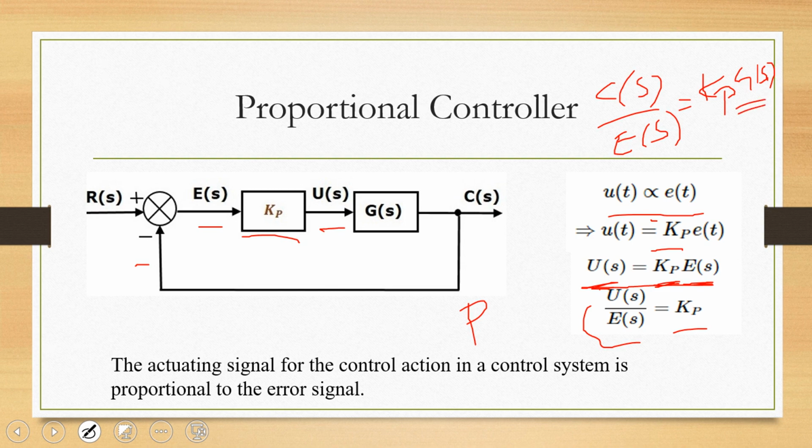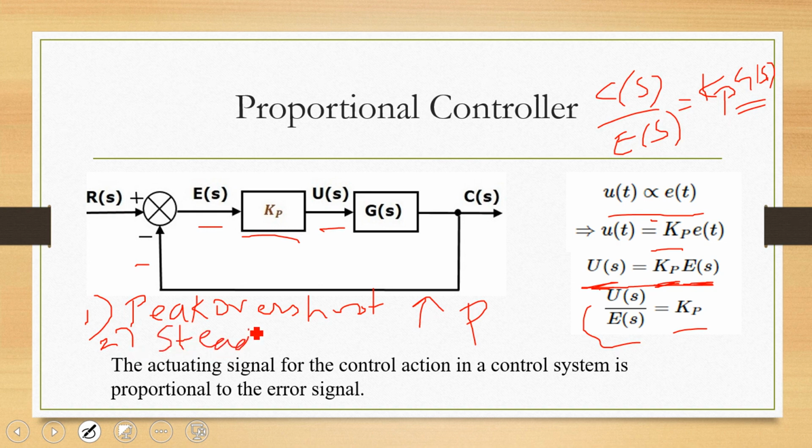If the forward path gain is increased, the first thing is that the peak overshoot increases. The second point is that the steady state error is reduced.